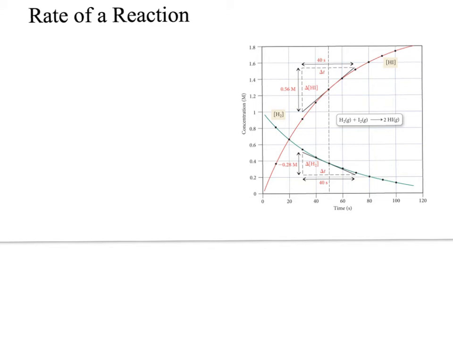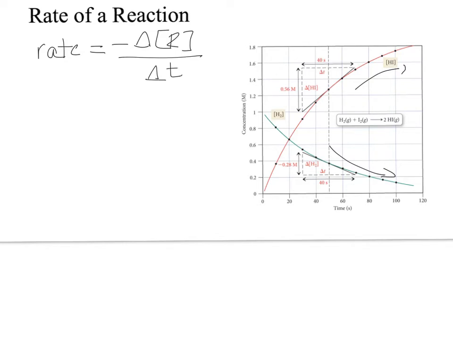As we look at this graph, we notice that it shows the relationship between hydrogen and hydrogen iodide. That is, hydrogen is being consumed and hydrogen iodide is being produced. So we can write rate in terms of either the reactant or the product. In terms of reactant, it's negative change in reactant concentration over the change in time. It's negative because the amount of the reactant is going to be decreasing. Anytime you see brackets, this represents molarity or concentration.